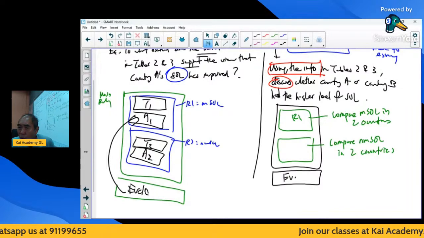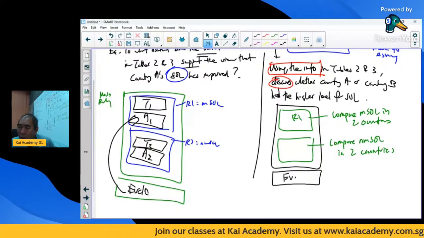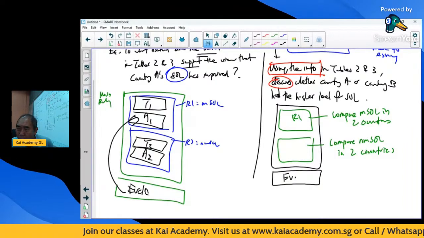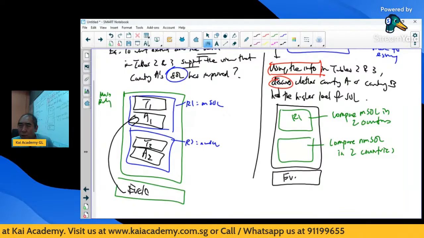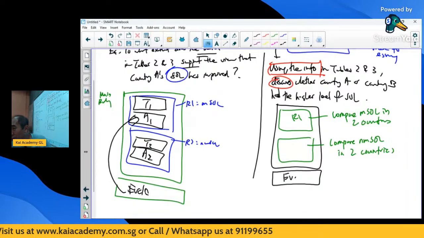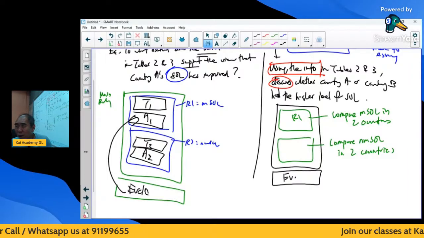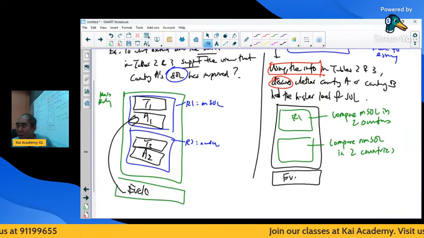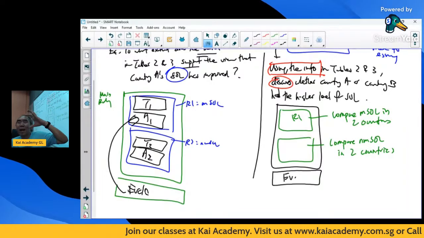So if I ask you to compare China's economic performance versus Singapore's performance, then you cannot look at China's total GDP and Singapore's total GDP because then their total GDP is huge. China's total GDP is like 19 trillion US dollars, whereas ours is 500 or 550 billion. So our economy looks tiny compared to them.